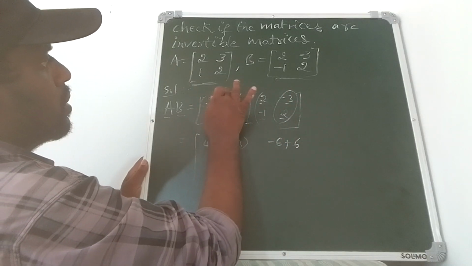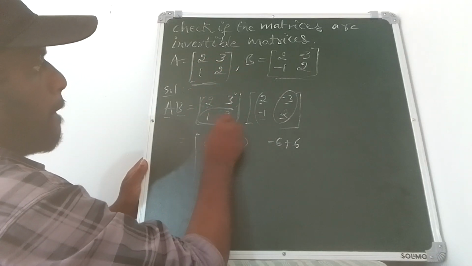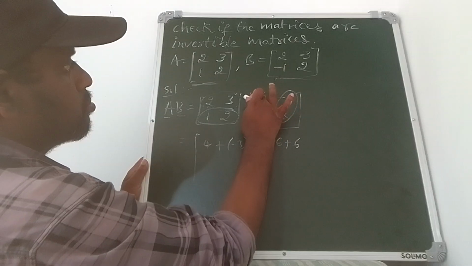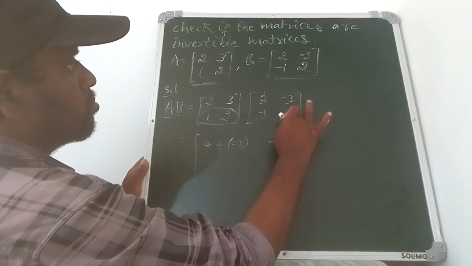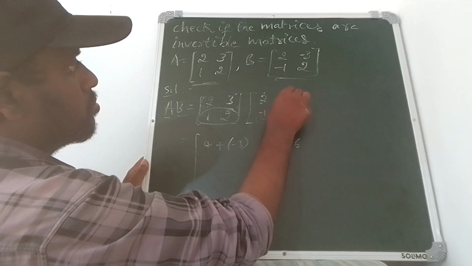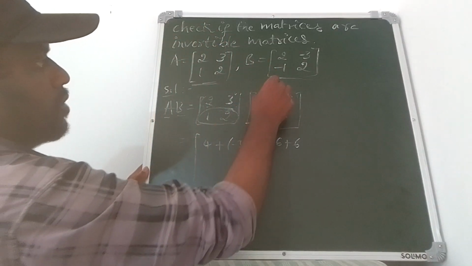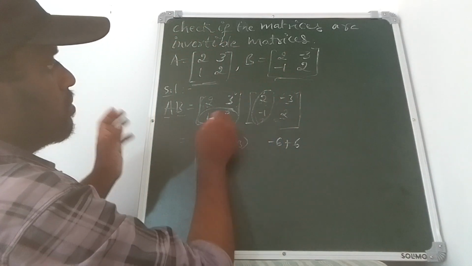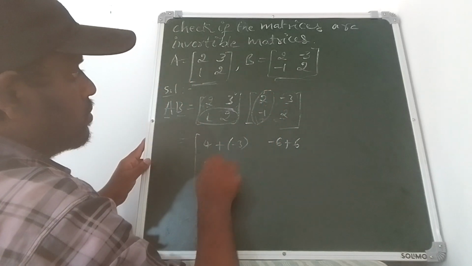Now this first row is done in the first matrix. Now second row. This second row, consider first column, first element, 1 into 2, 2.